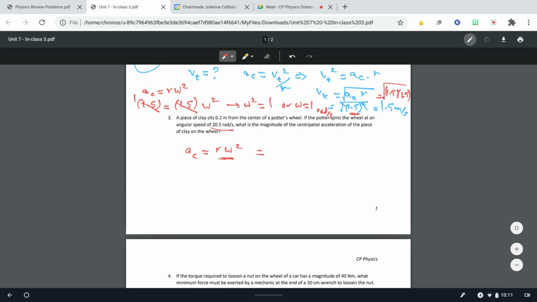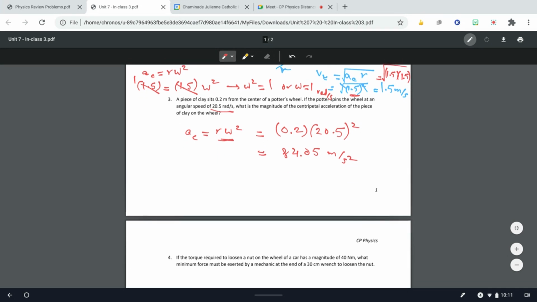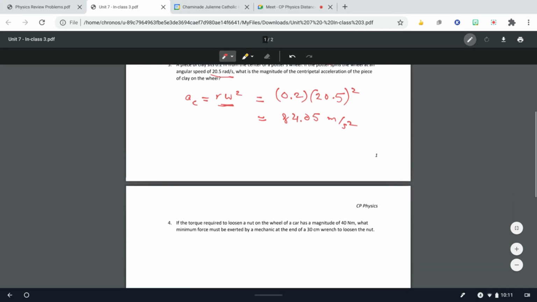So it's going to be 0.2 meters times 20.5 squared. Right? And that should give you 84.05 meters per second squared. Right?